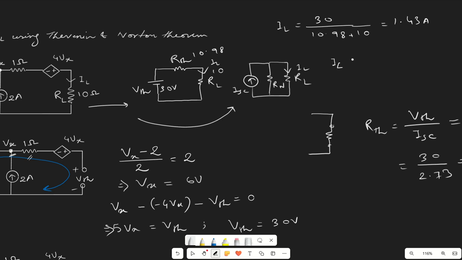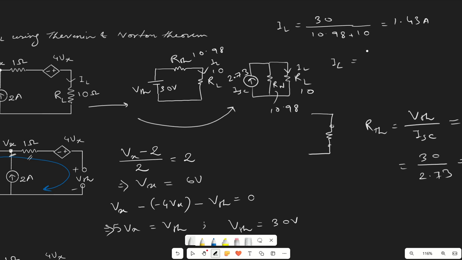Similarly, you can also determine it from this Norton circuit. So the value of IL equals this RN value 10.98, value of RL is 10 ohm, and this is 2.73 ampere.